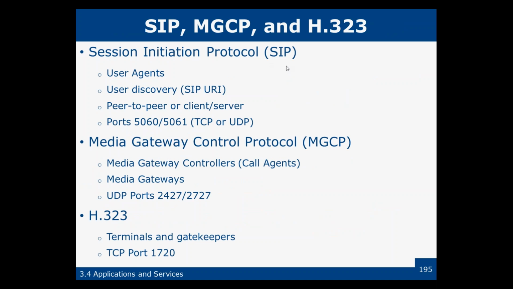Session Initiation Protocol, SIP, is one that the first time I ever saw was on VoIP phones, but it's used for teleconferencing, and I think the first time I saw it was in a Cisco environment. It has user agents, user discovery, peer-to-peer and client-server, ports 5060 and 5061, TCP or UDP.